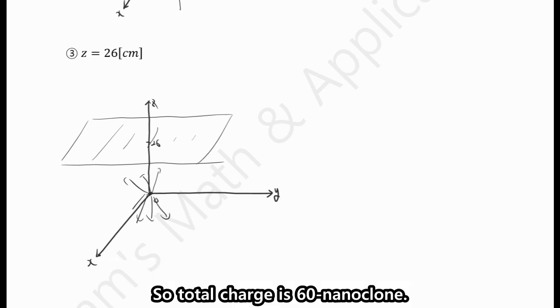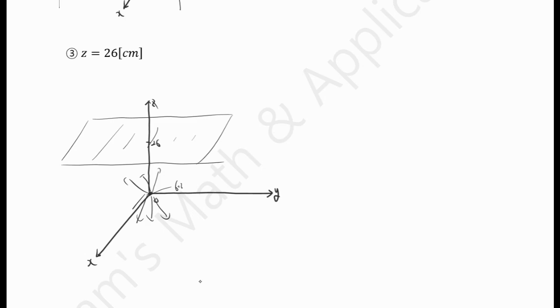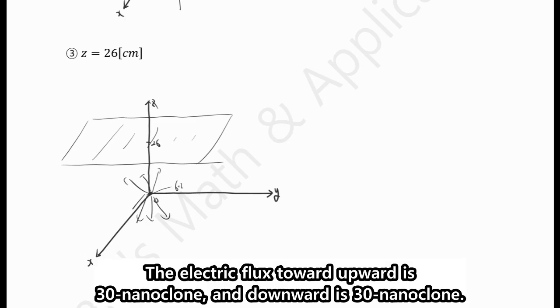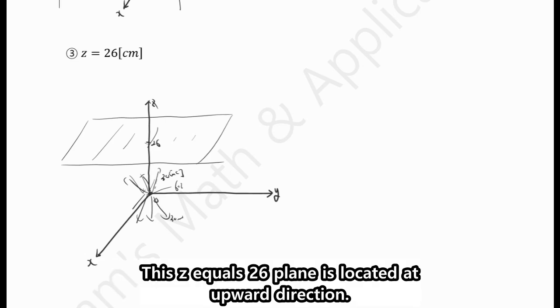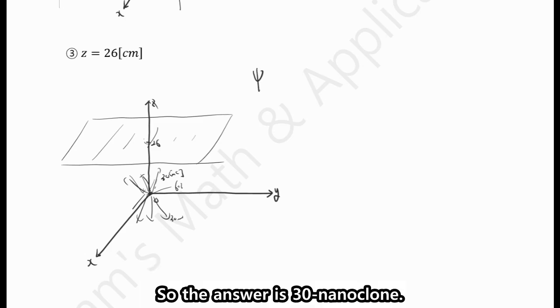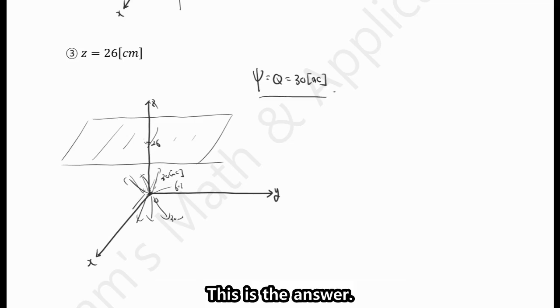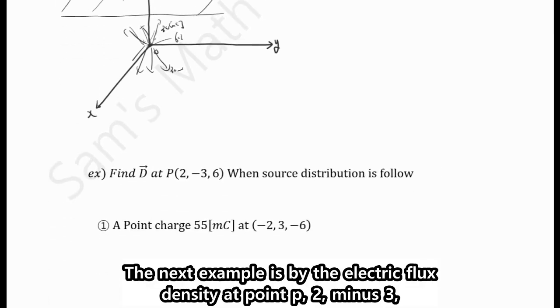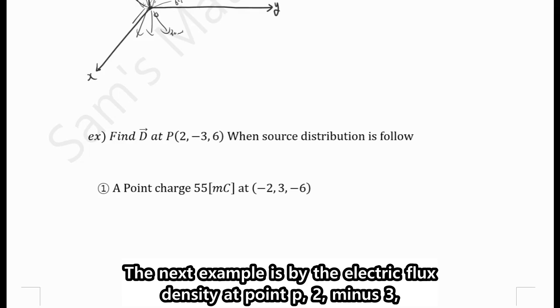So the total charge is 60 nanocoulomb. The electric flux toward upward is 30 nanocoulomb and downward is 30 nanocoulomb. This z equals 26 plane is located in the upward direction, so the answer is 30 nanocoulomb. This is the answer.